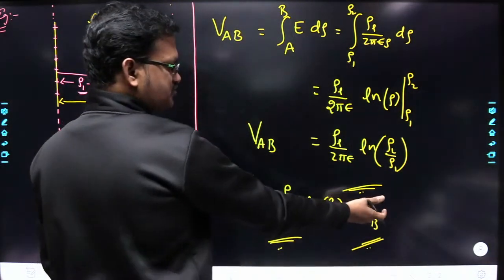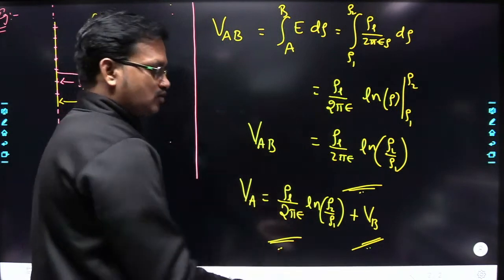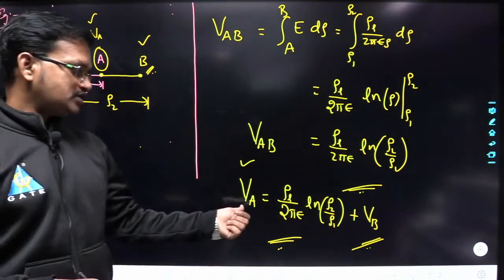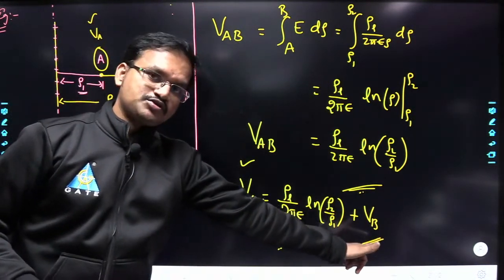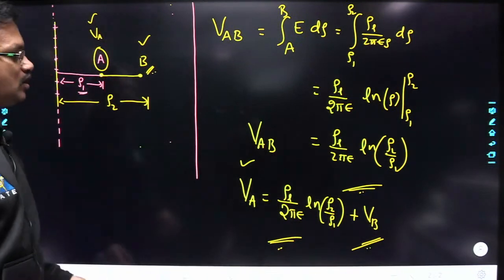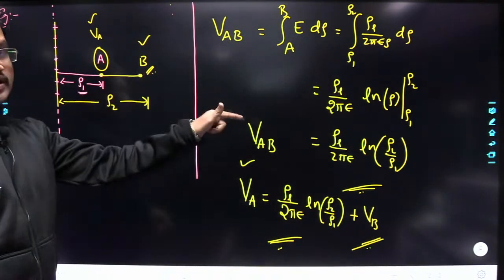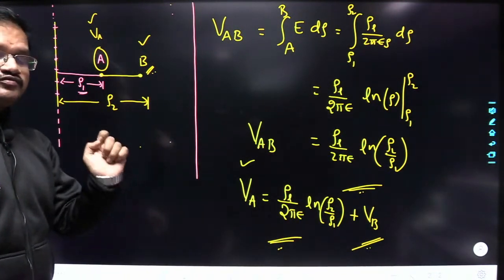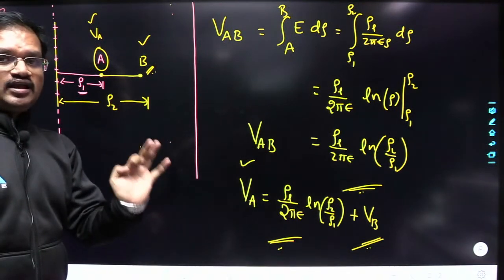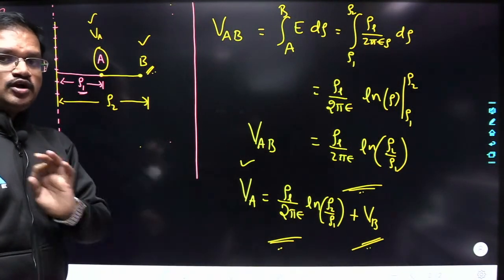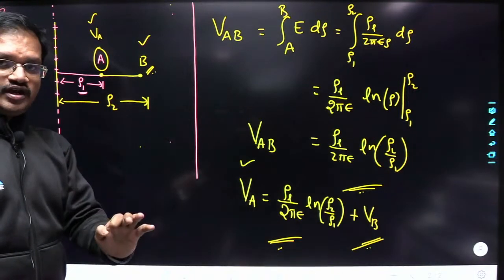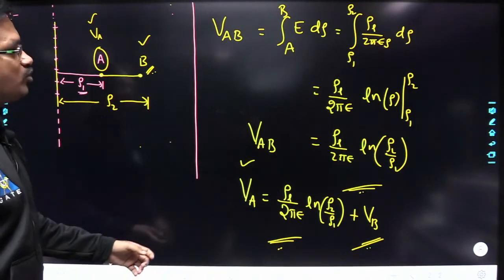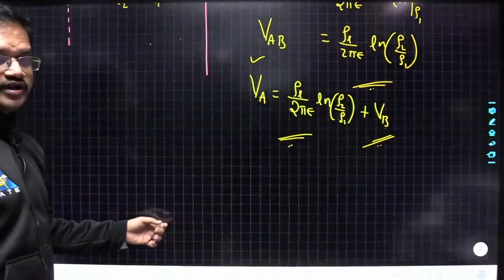They will give some reference potential value, maybe 5 volts, 6 volts or 10 volts, and then you can determine the potential at A. Here the potential at A is measured with respect to some reference point B. But you cannot measure the potential at A with respect to infinity in case of infinite charge distributions, because the potential at infinity is not defined. That's why you should not take the reference point as infinity whenever you are dealing with infinite charge distributions. I hope this point is crystal clear.